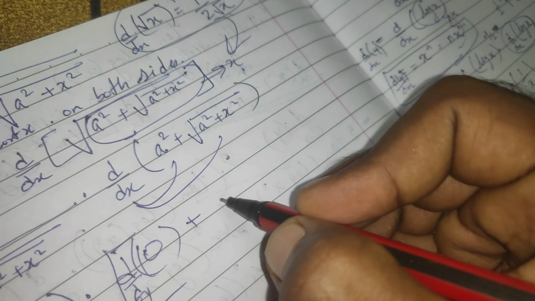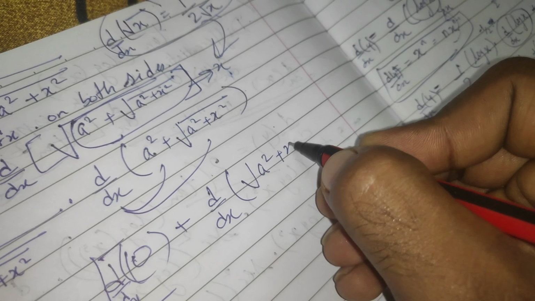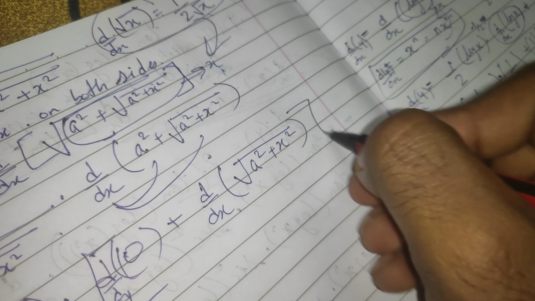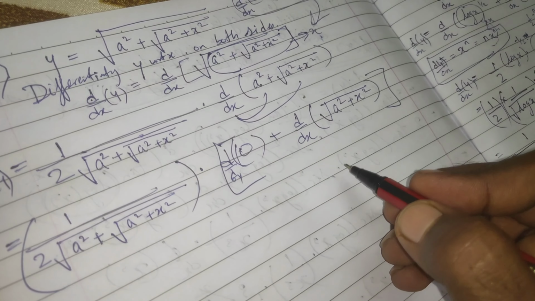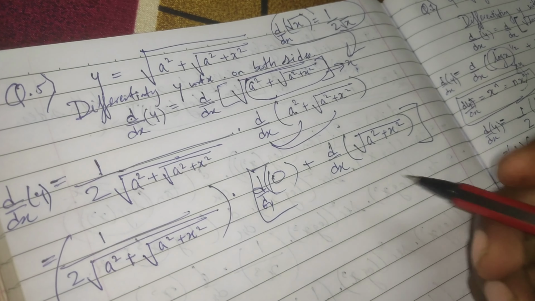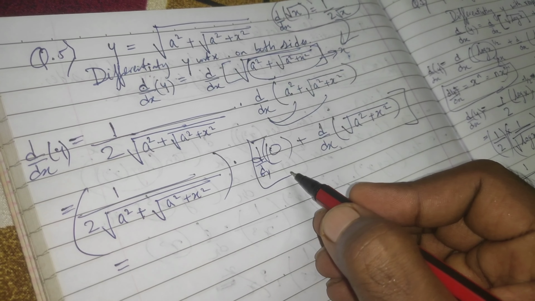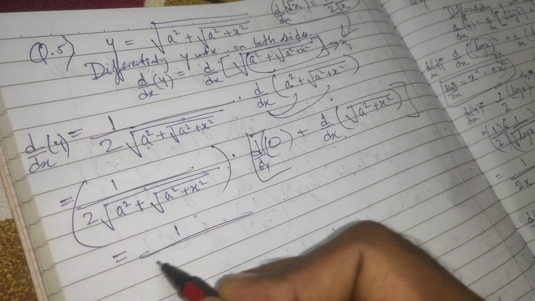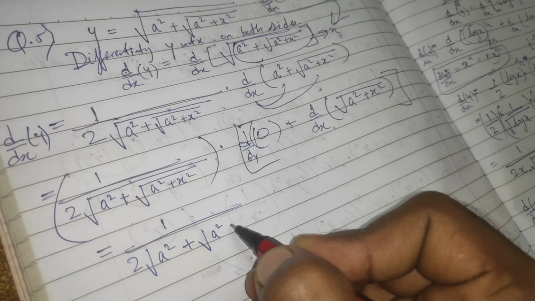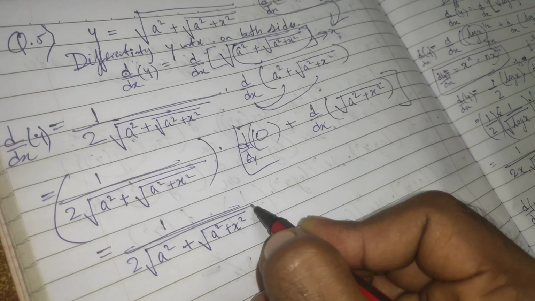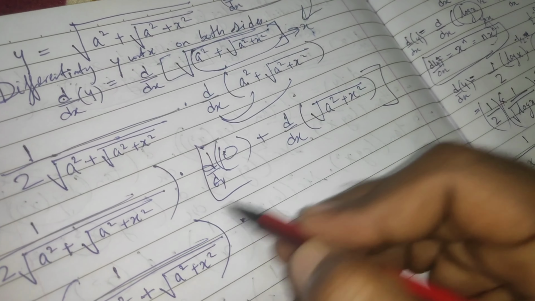So derivative of again the whole term is root a square plus x square. So now here again we are going to do the x raised to n formula. Write this as it is, okay, 2 root a square plus under root a square plus x square as it is, we have to write into derivative of this, it goes to both sides.